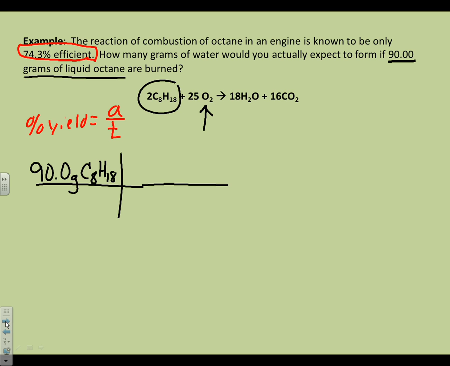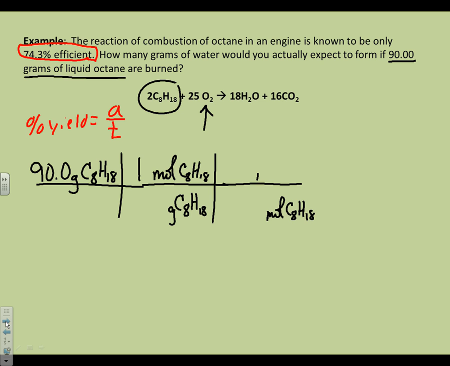We've got to use our mole bridge, right? Right. Okay, so go from grams of octane to moles of octane, right? Right. So far, so good. And then we can go from moles of octane to moles of water in my mole bridge.